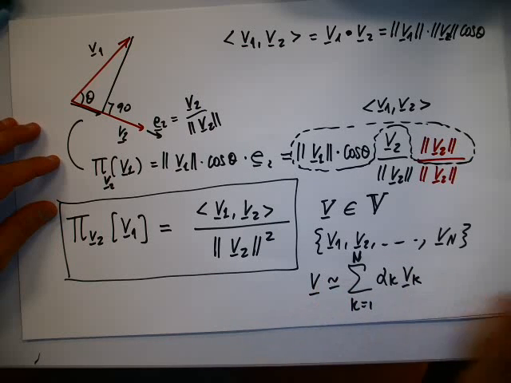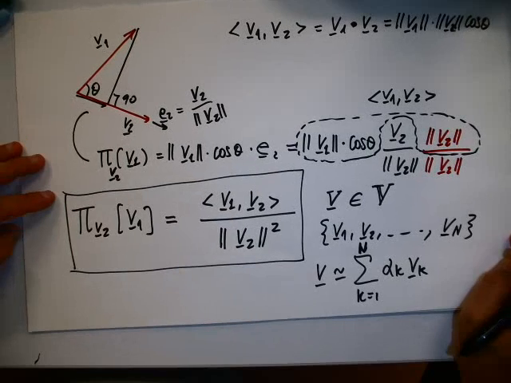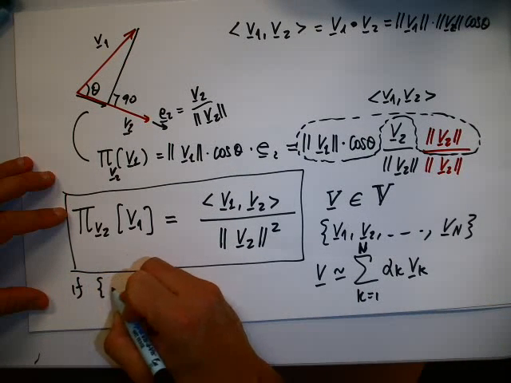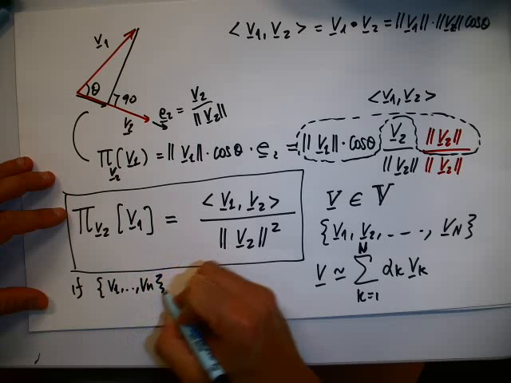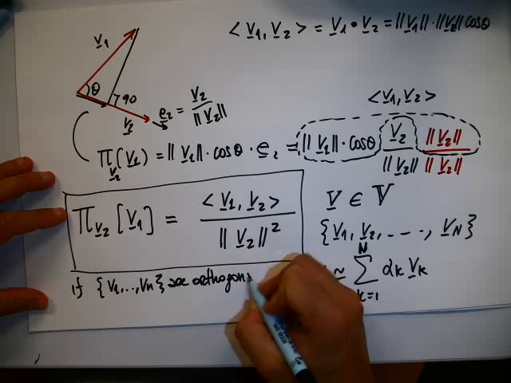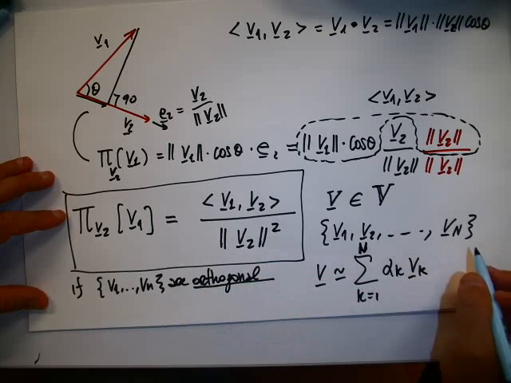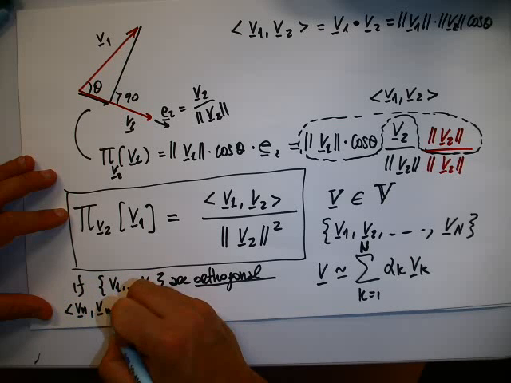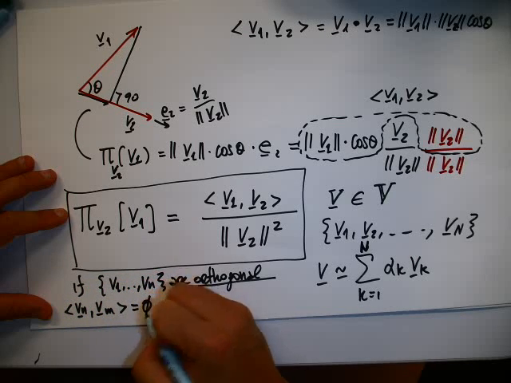Now I'm going to show you that if the set of vectors V1, Vn are orthogonal. Now, what does orthogonal mean? Orthogonal means that Vn dot product with Vm is equal to 0 when n is different than m.